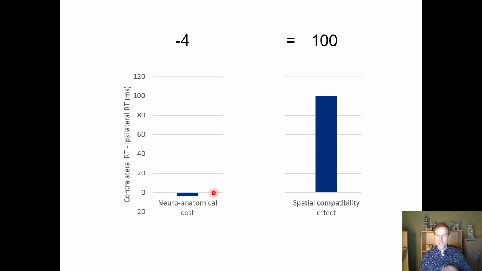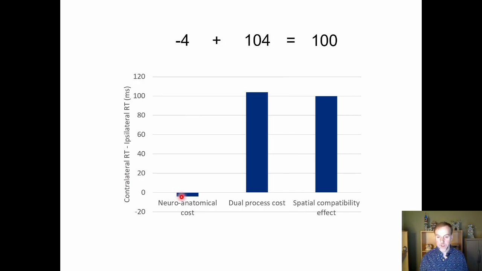Because it's in the opposite direction, I'm going to plot it as a negative cost. Now the dual process cost, the cost for the conflict between automatic and intentional processes, must be like 104 milliseconds, and positive because we're slower for contralateral than ipsilateral.